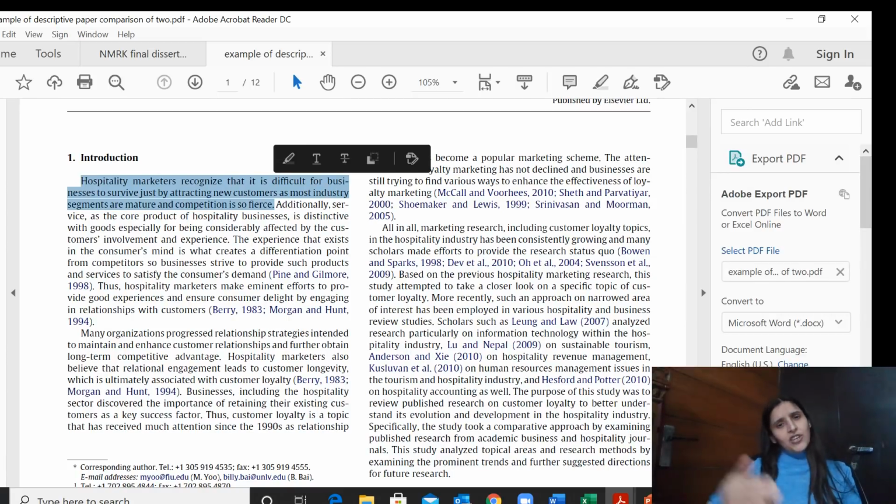So I've given you 3-4 examples in different domains where you are supposed to define a rationale. Research does not happen just for the heck of it, or because you want to publish papers, or you want to do a PhD. No. Research happens when there is a rationale for it to happen.